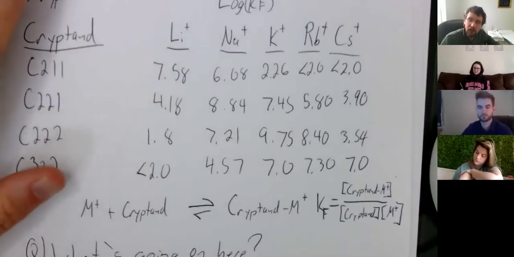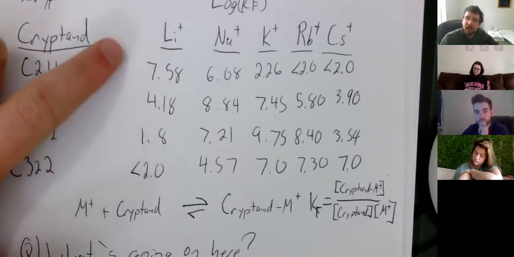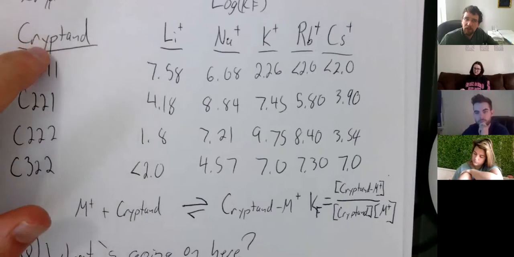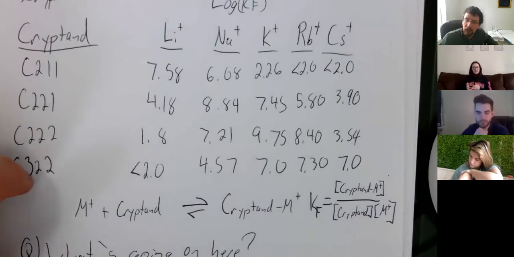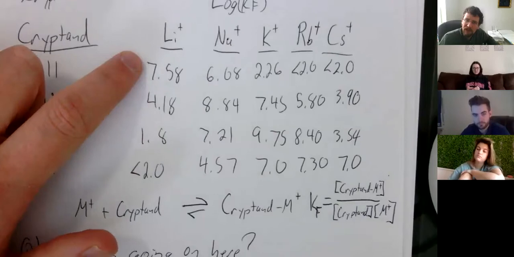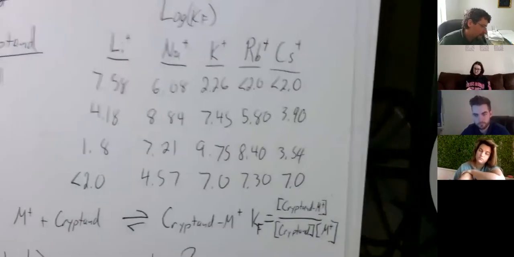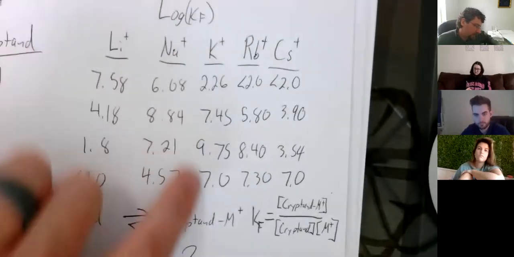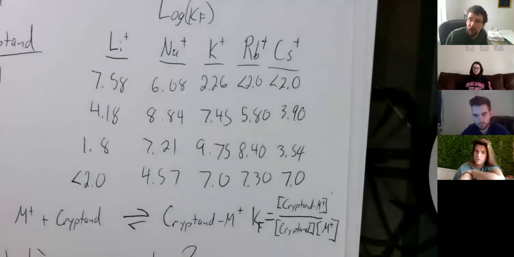Could anyone explain why we're seeing this trend? What's happening to the size of the kryptands as we go down? They're increasing, yep, they're getting larger. So why is the binding constant going down for lithium, but increasing for rubidium, cesium, and so on?